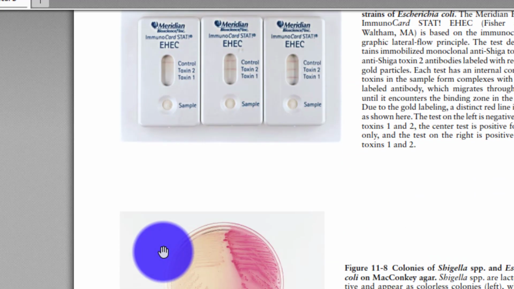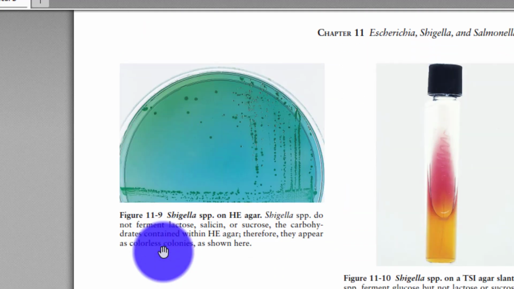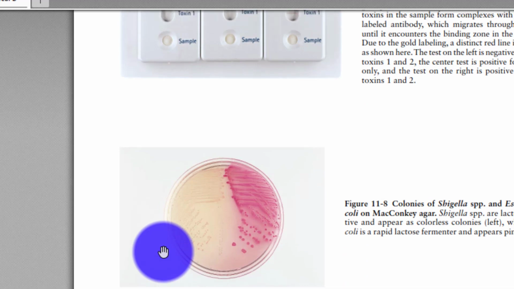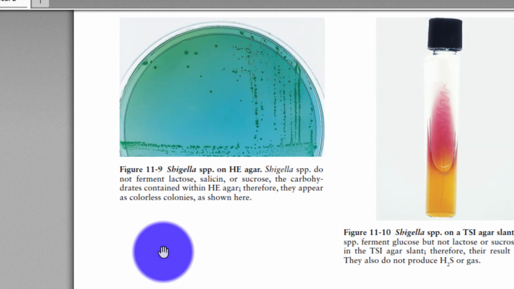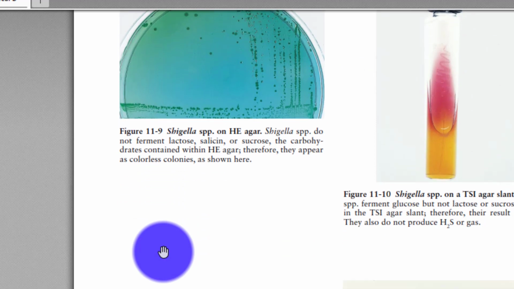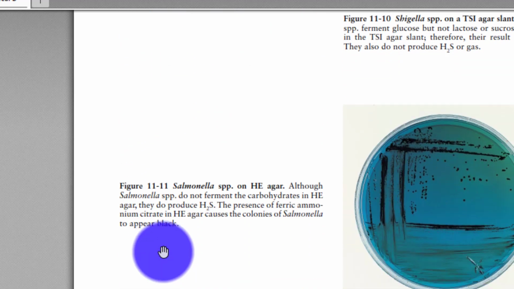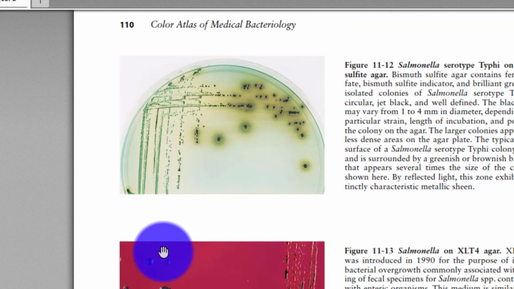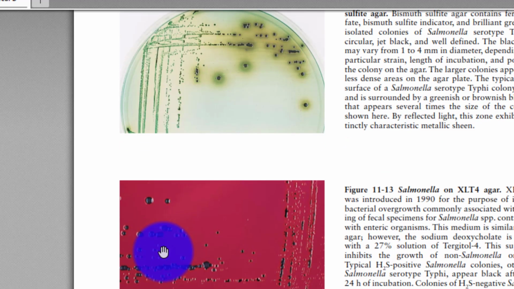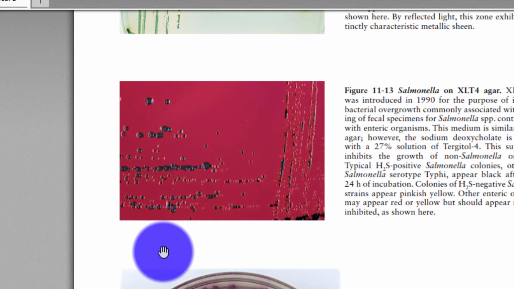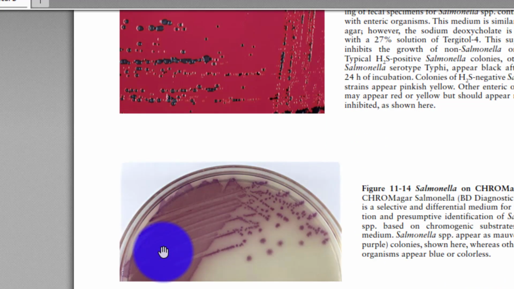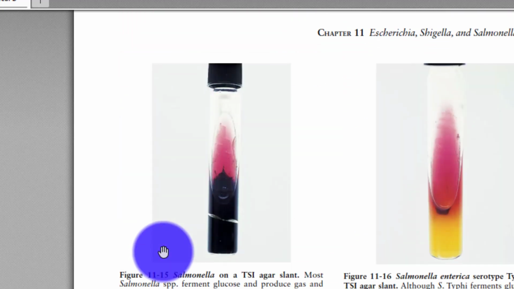Biochemical test, colonies of Shigella and Escherichia coli on MacConkey agar. Shigella species, TSI agar, Salmonella species, Salmonella serotype Typhi, Salmonella XLT4, Salmonella enterica.